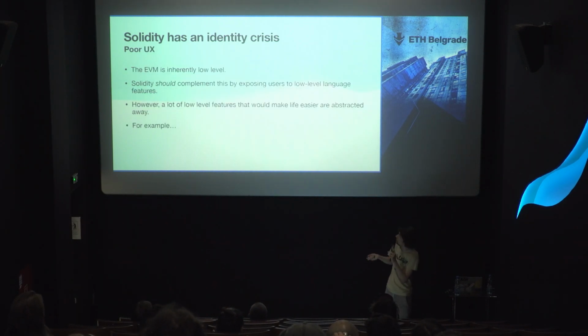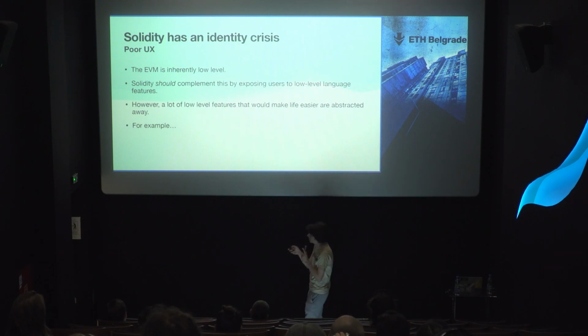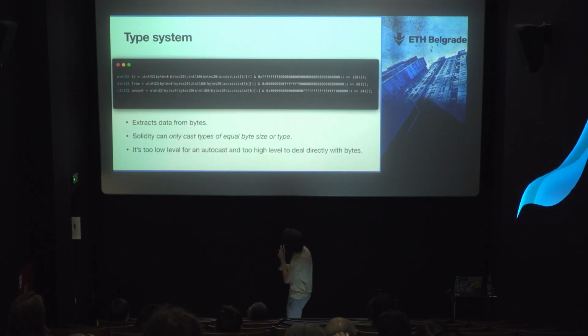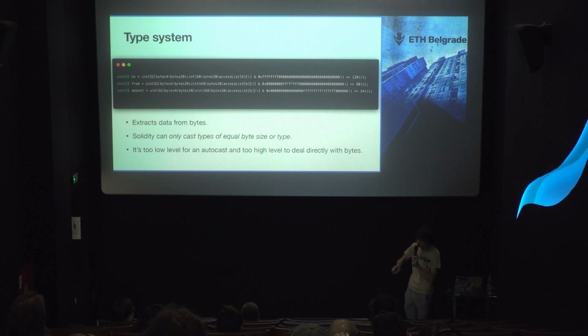So, as I've said, the EVM is inherently low level. So, Solidity should be complementing that by exposing users to low-level language features. But a lot of low-level language features that would make our lives easier are abstracted away. A great example of this is the type system. This disgusting code is used to extract data from the bytes.